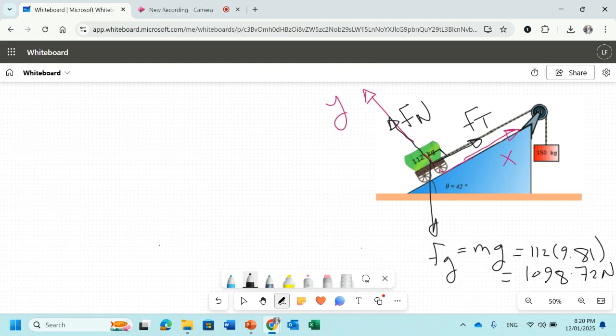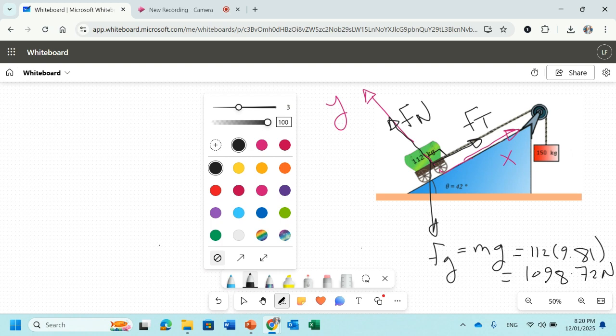Fg, we need to break it down into x and y components. If we extend the y-axis here, this is Fg in the y direction, at this angle. So it is going to be Fg cosine of the angle because it's adjacent to the angle. Extend the x direction along the incline; this will be the x component.